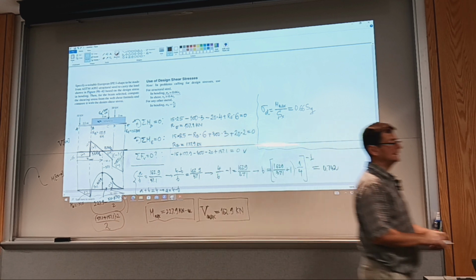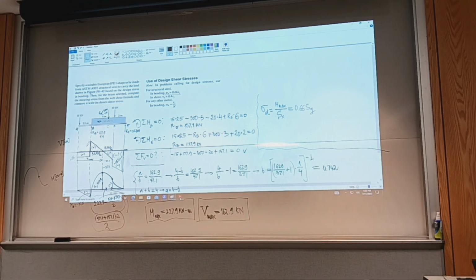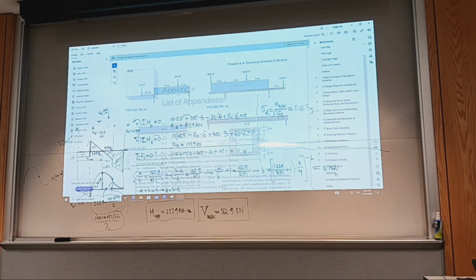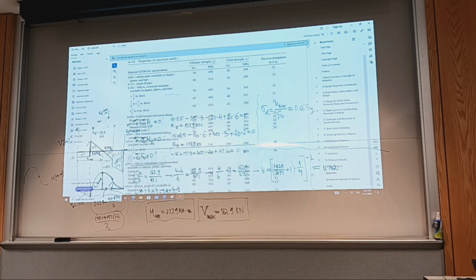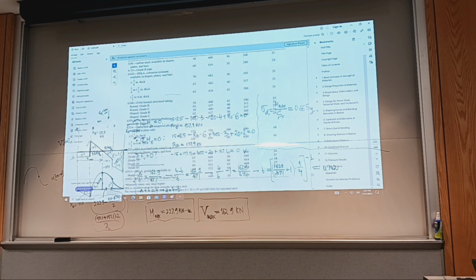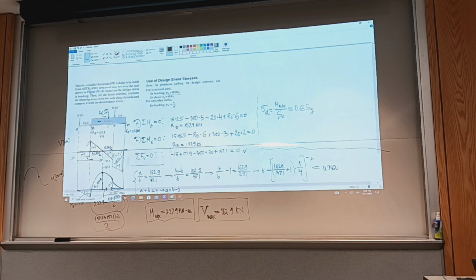All right, so I was heading to the appendix, and we need to find what properties of structural steel and what was it? A992 high strength low alloy, available in W shapes only. So A992.